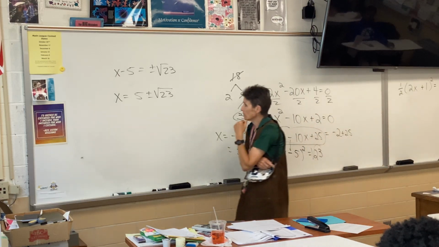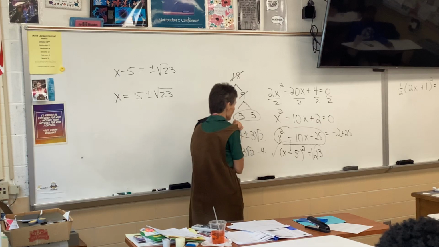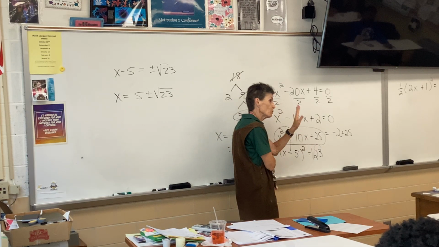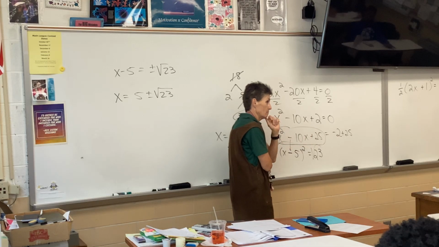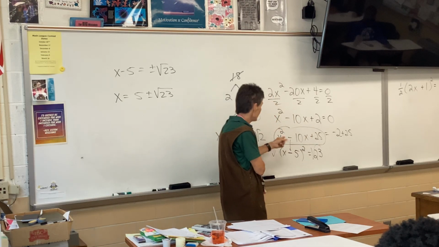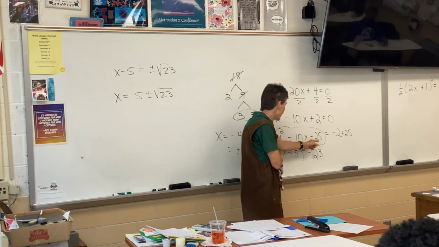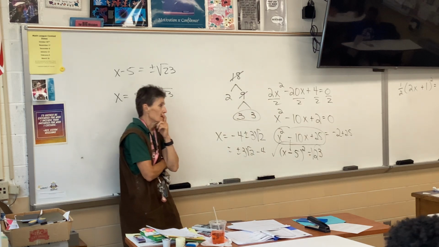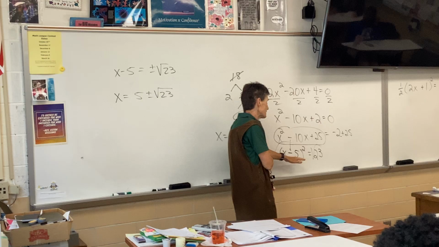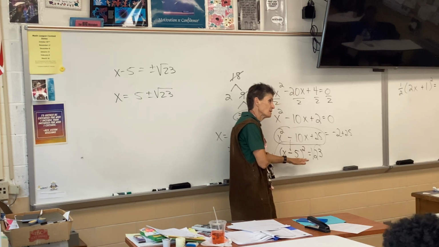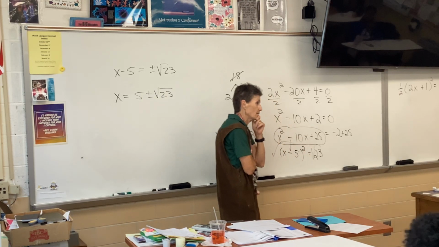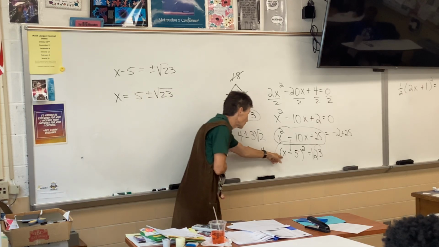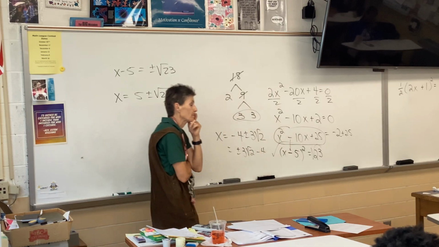Remember, when you go to the parentheses, you always have an X and a 5, and then subtract it. Ellison, if you FOIL this out, X minus 5 times X minus 5, you get 10 in the middle. So I just factored it, this is just a factored form of this problem.